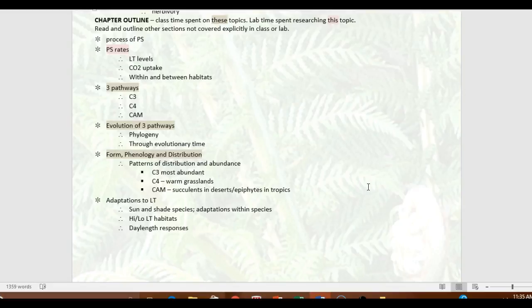Let me back up. A photon is a discrete unit of energy, a physical packet of energy that we can see and measure, okay? And they travel along these pathways of waves.